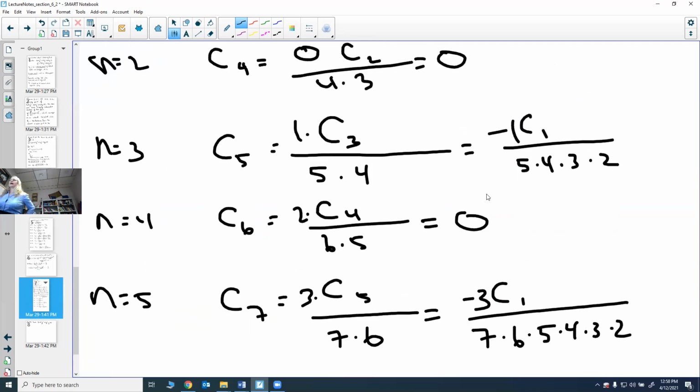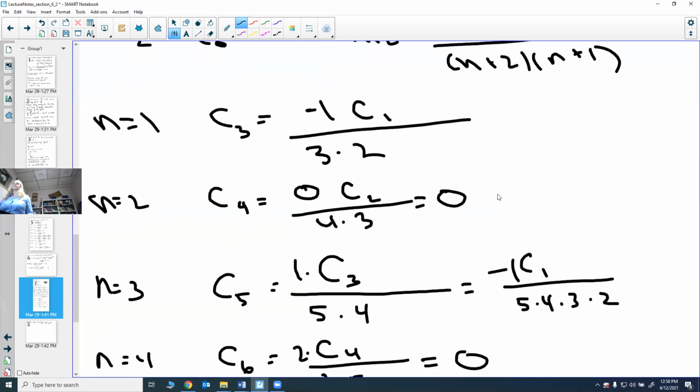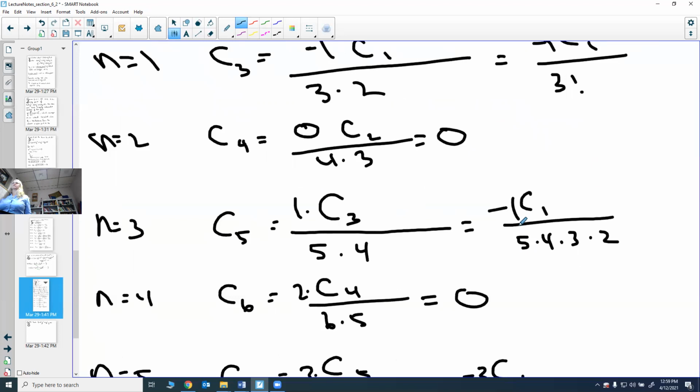Okay. So now let's see if we can come up with some kind of pattern here. I notice in the bottom here is 3 times 2. Well, 3 times 2 times 1 is 3 factorial. So this means I actually have negative 1 times C1 times 3 over 3 factorial. In this one, I have negative 1 C1.